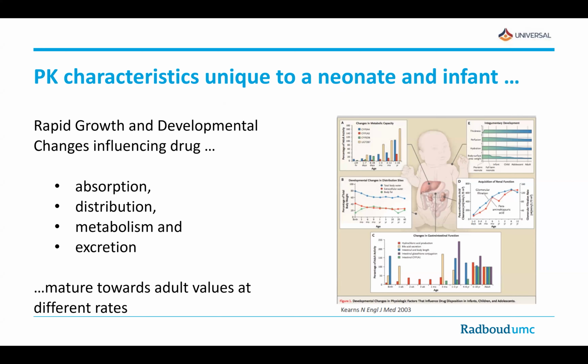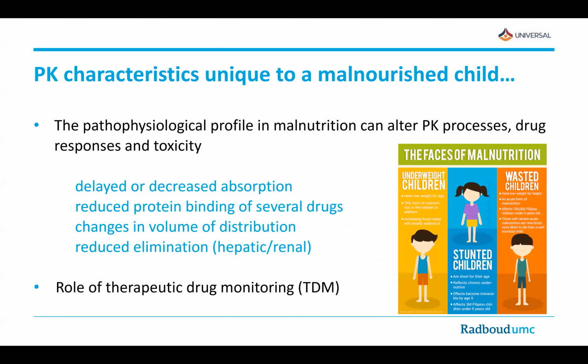For example, as you can see in the figure here in the upper left, the expression of metabolic enzymes change throughout growth, which means that the metabolism and therefore the exposure to a drug differs over time during development of a child. Besides differences that are caused by growth and development, there are also other factors that can influence the pharmacokinetics of a drug.